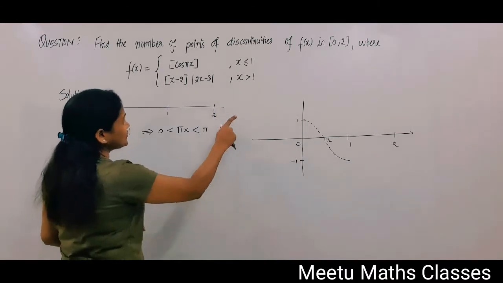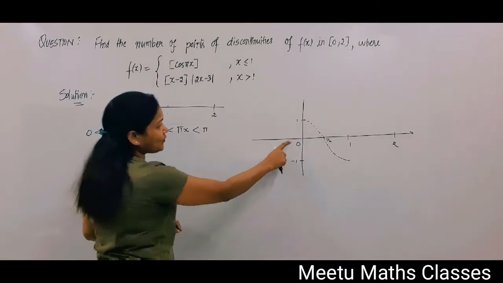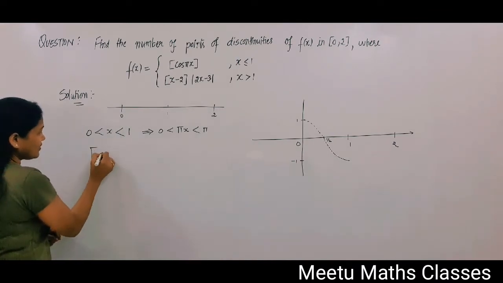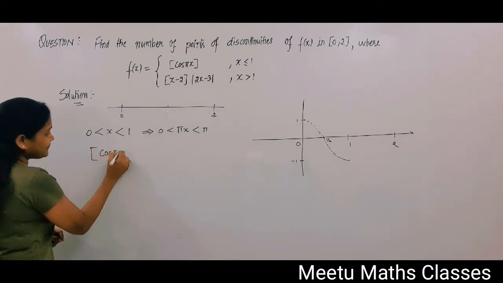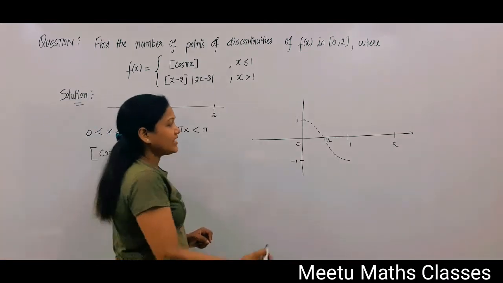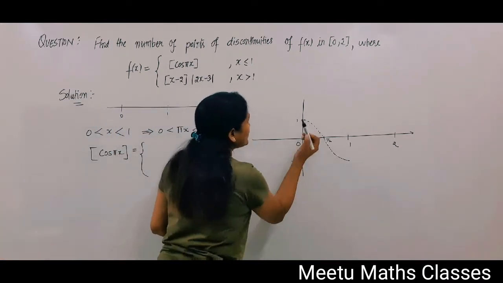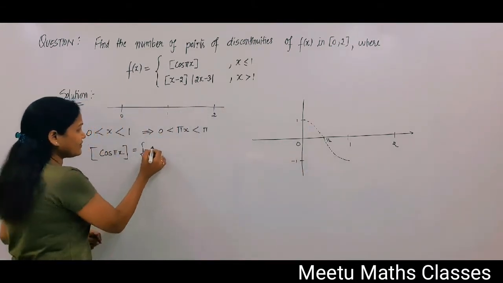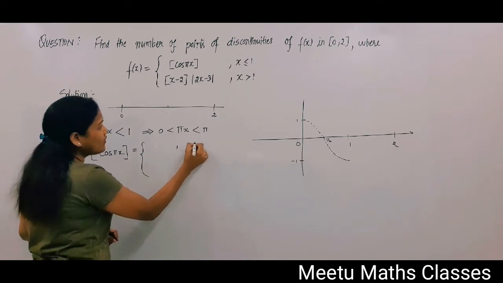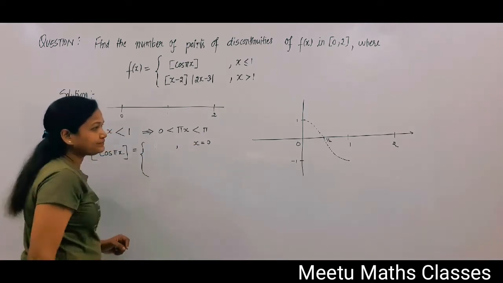Now, in this interval in between 0 to 1, you have to take the greatest integer function of this cos(πx) function. When x is equal to 0, your cos(πx) takes value 1, so the greatest integer function of cos(πx) will also give you 1 at x = 0.